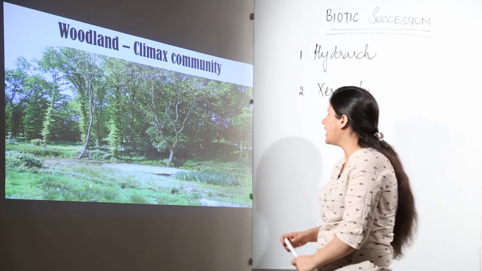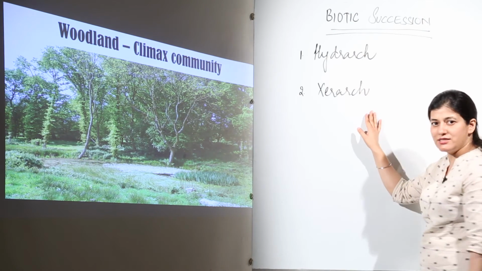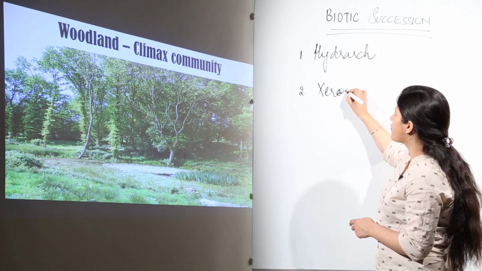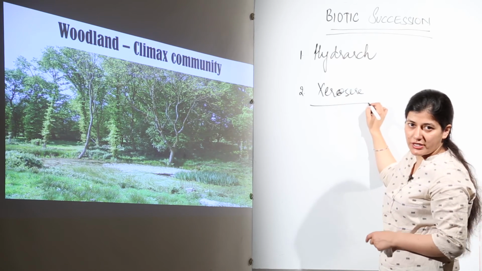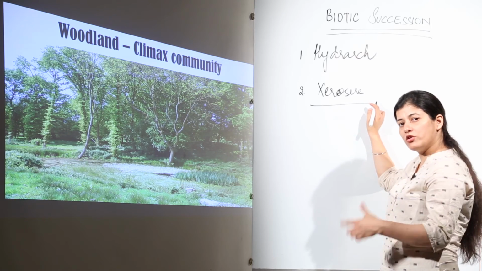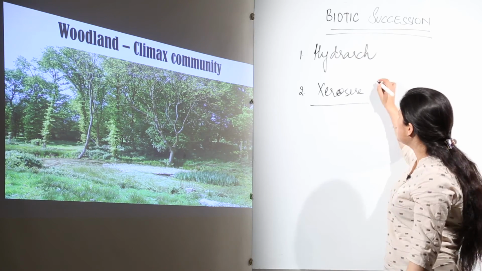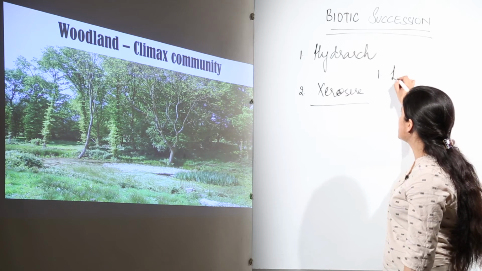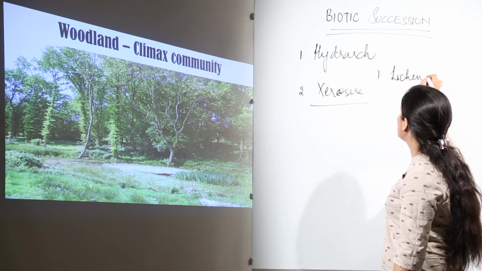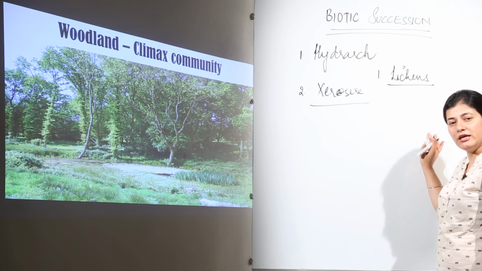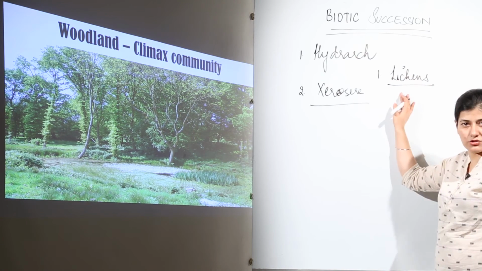Now once we have seen hydrosere, we are going to see what happens in xerosere. Xerosere has bare rock on which the succession has to take place. On the bare rock you are not going to find water, so phytoplanktons will not be in this scenario. The first species to come and inhabit the bare rock would be lichens.